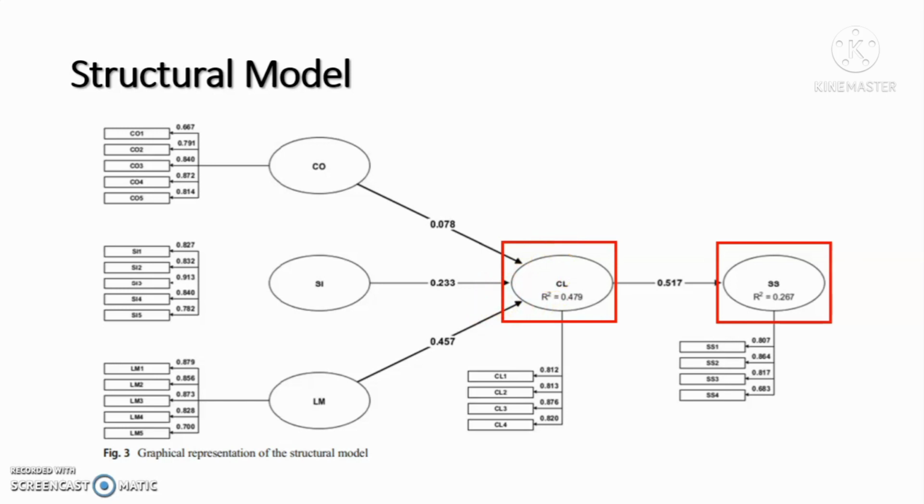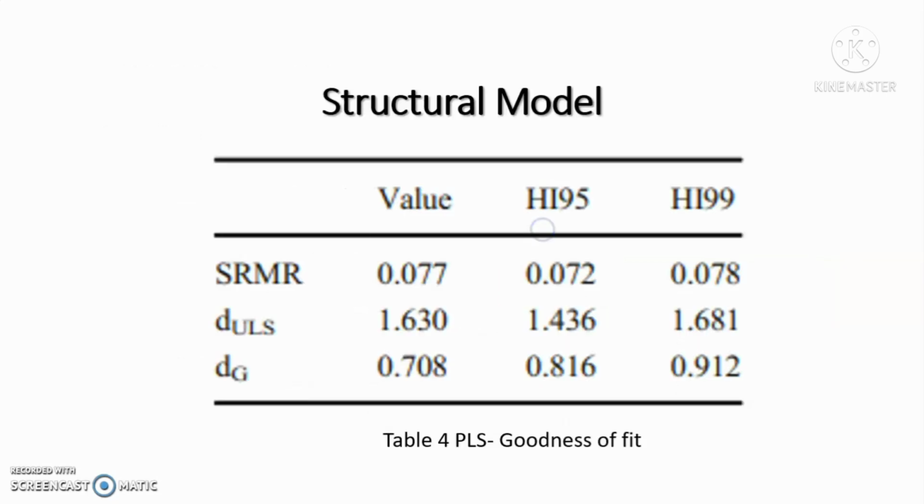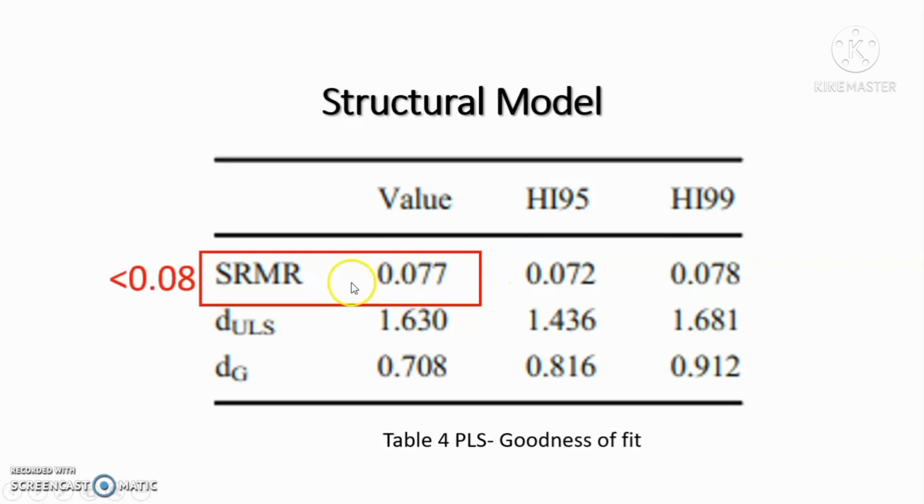And also to evaluate the structure, we need to evaluate the standardized root mean square residual, or SRMR, of the model, and we found the value is 0.07, less than 0.08.